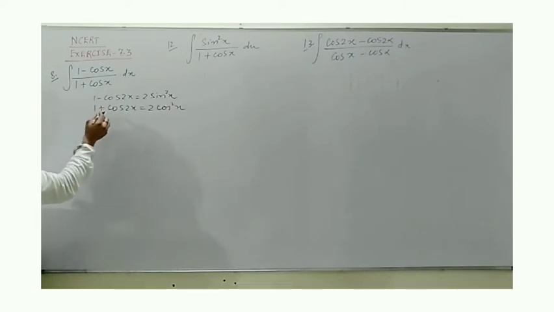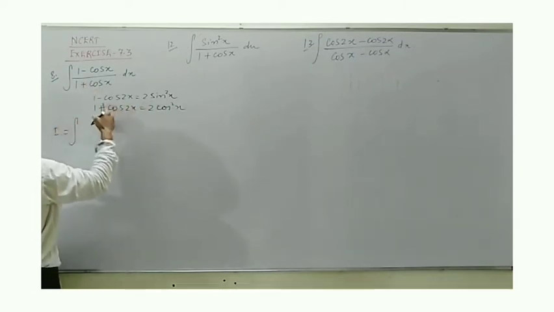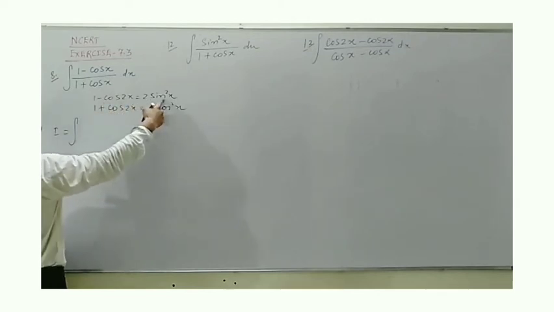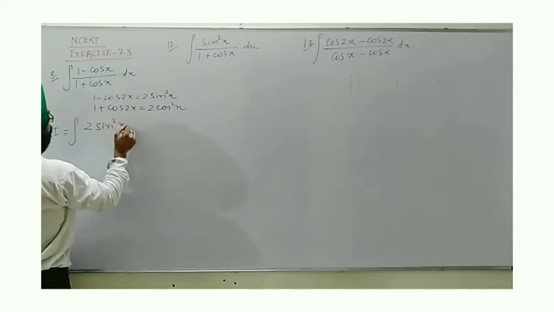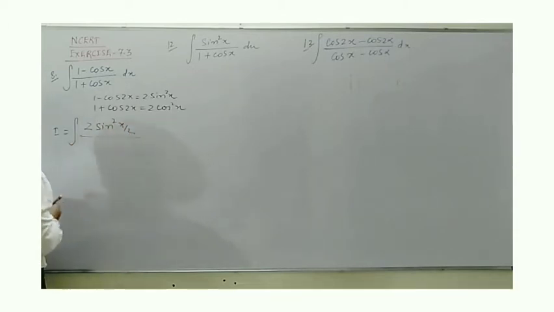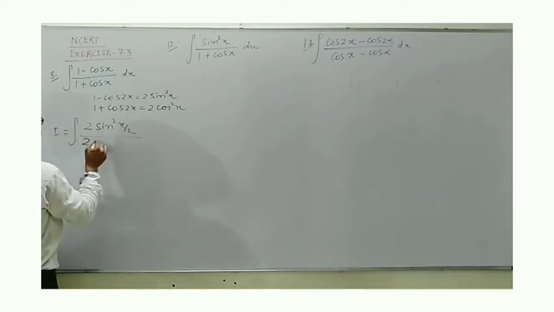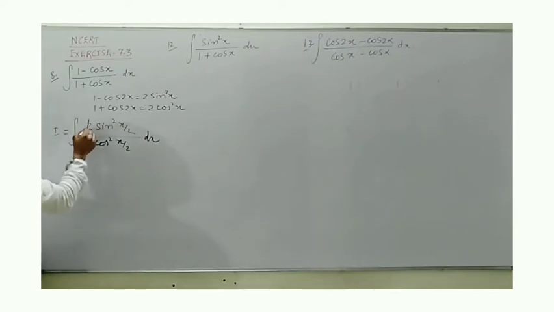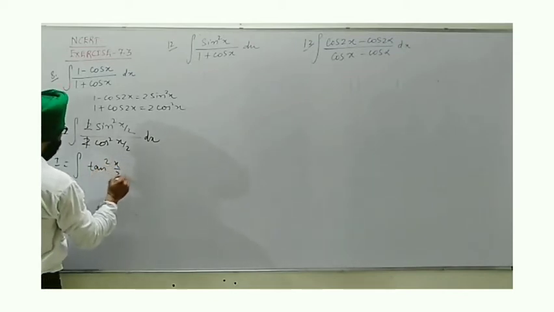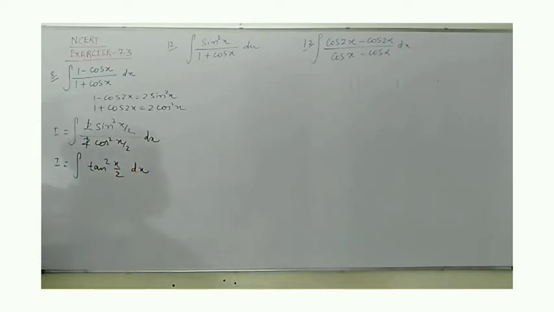Comparing these identities to the given function, we can write the numerator, 1 minus cos 2x, as 2 sine square x by 2. In the denominator we find it is 2 cos square x by 2 dx. These two cancel out, and now the function converts to tan square x by 2 dx.